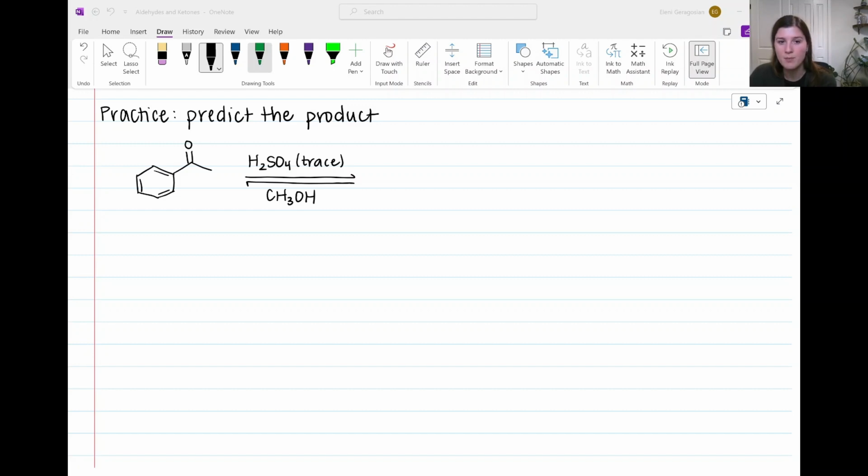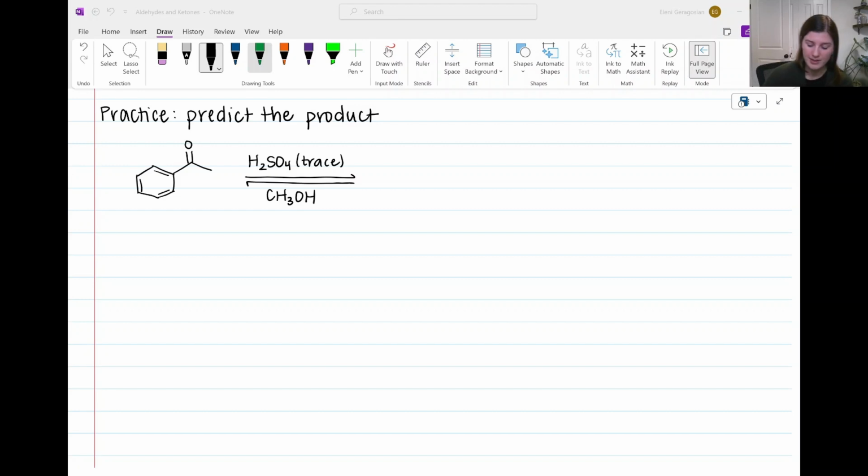We have trace amounts of H2SO4. We know that's a strong acid. And we have methanol as our solvent. Well, if I see all of this, I see we have a ketone, an alcohol, and an acid catalyzed reaction.